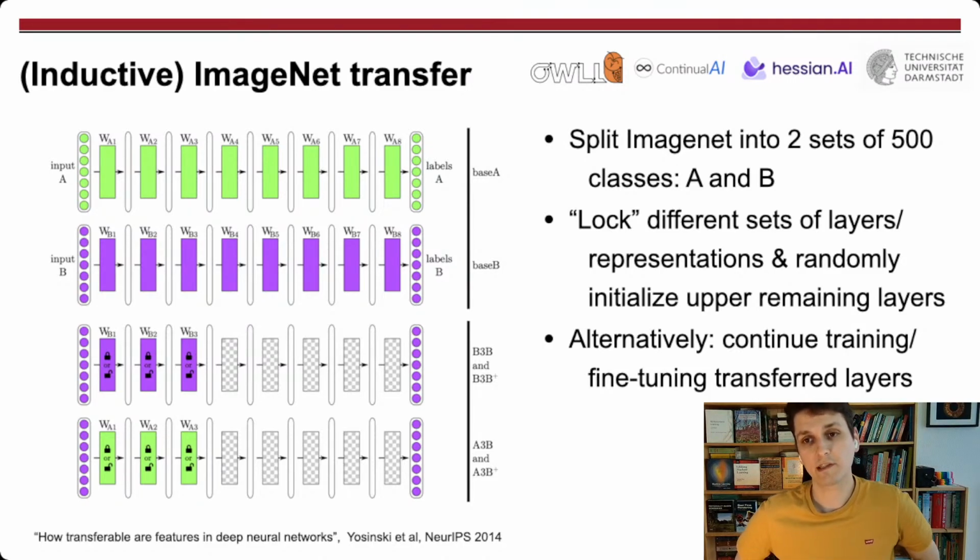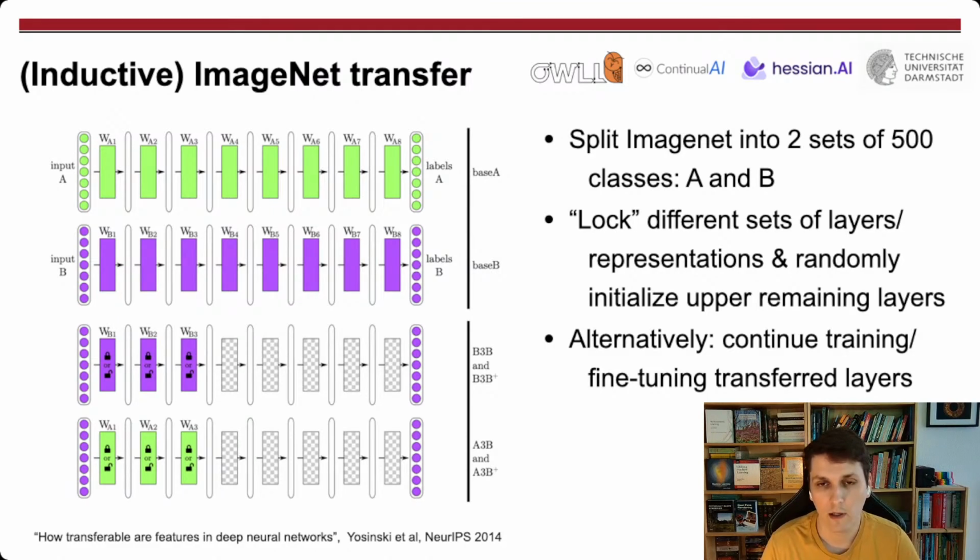And what the authors of this specific work investigated is what happens if you split ImageNet into 2 subsets. You randomly sample 500 classes for the one set called A, and you take the remaining classes for the subset B. And what you can then do is pre-train the entire neural network model on one of these two subsets, illustrated here in green and purple.